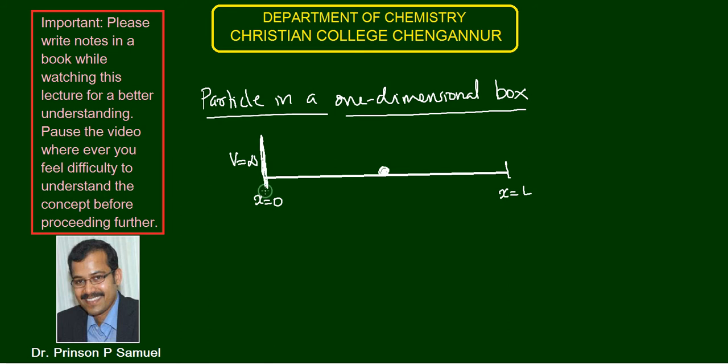The boundary at x is equal to 0 is marked by potential energy equal to infinity, and the same is the case with the boundary at x is equal to L. But inside the box the particle is not under the influence of any external force, or in other words, within the box the particle's potential energy is 0.